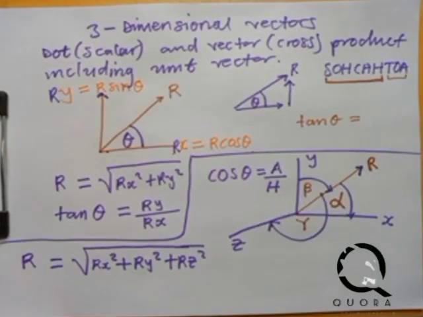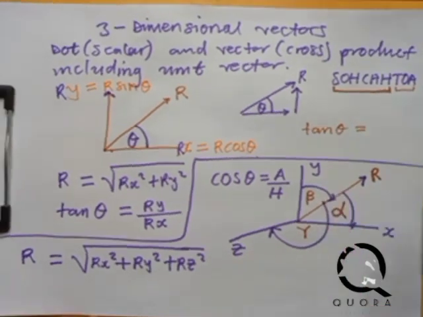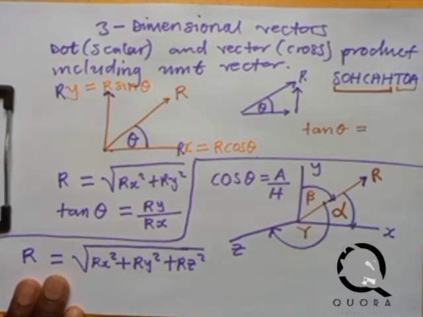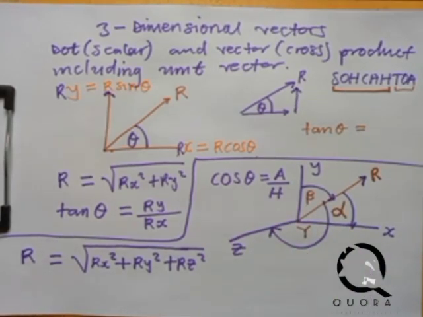So every angle here is with reference to every axis. From x to the resultant, we find its own angle. From the y-axis to the resultant, we also have its own angle. From the z component to the resultant, we also find its own angle.